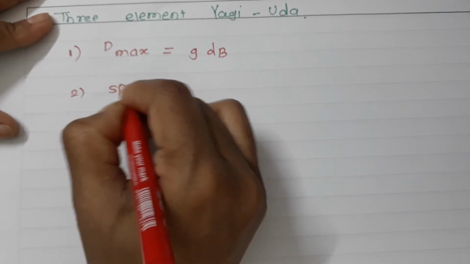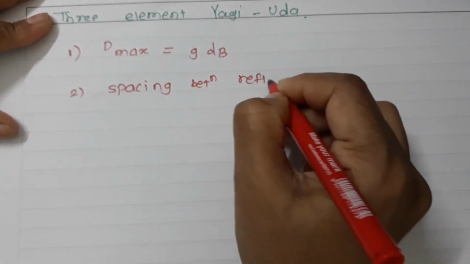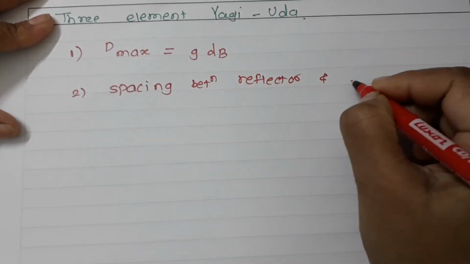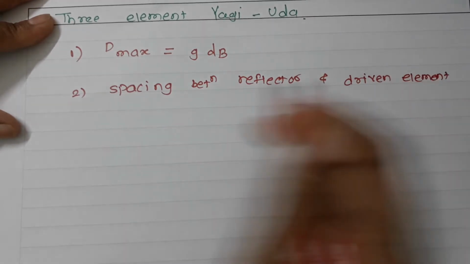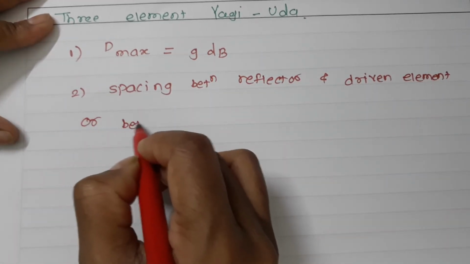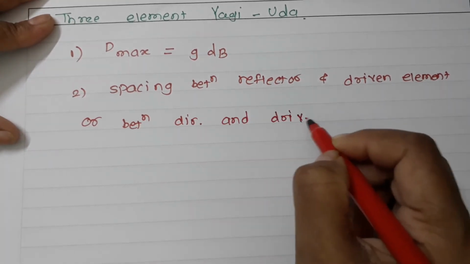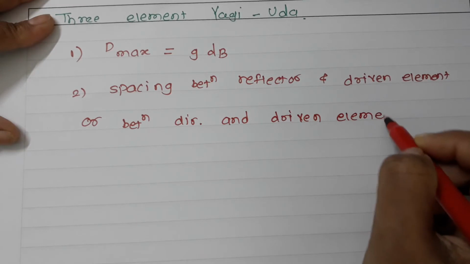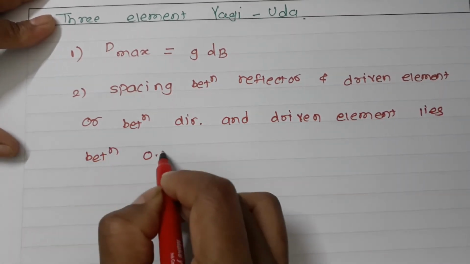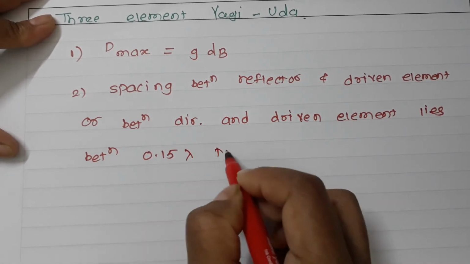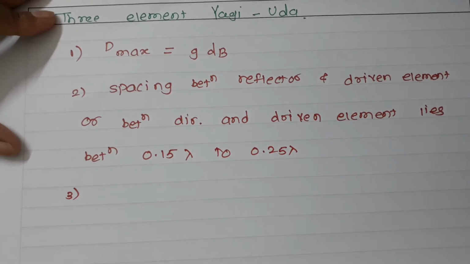So the spacing between reflector and driven element, or between director and driven element, lies between 0.15 lambda to 0.25 lambda. So this is the second point to remember when you are going for the Yagi Uda.